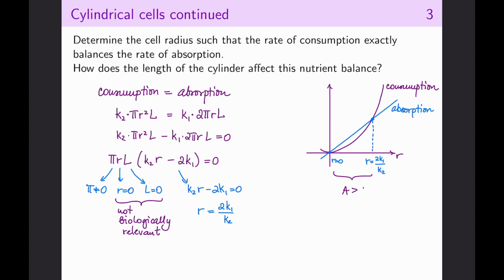Absorption is bigger than consumption, which means survival. Afterwards, from then on, I have that the consumption is bigger than absorption, so the cell needs to consume more nutrients than it can possibly absorb, so that means that the cell will in fact starve, in the case of consumption being bigger than absorption.